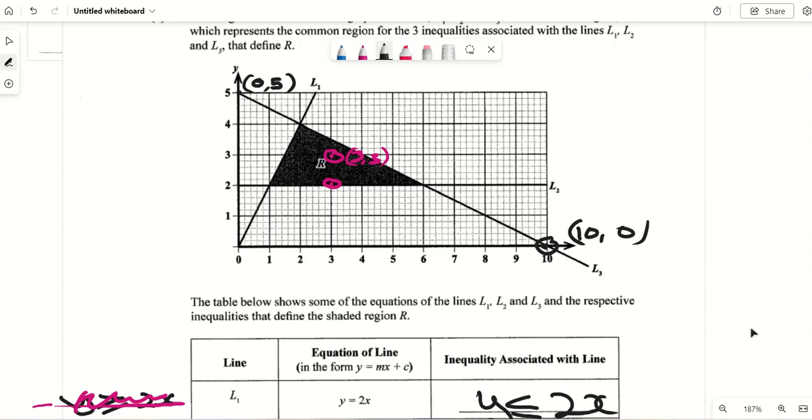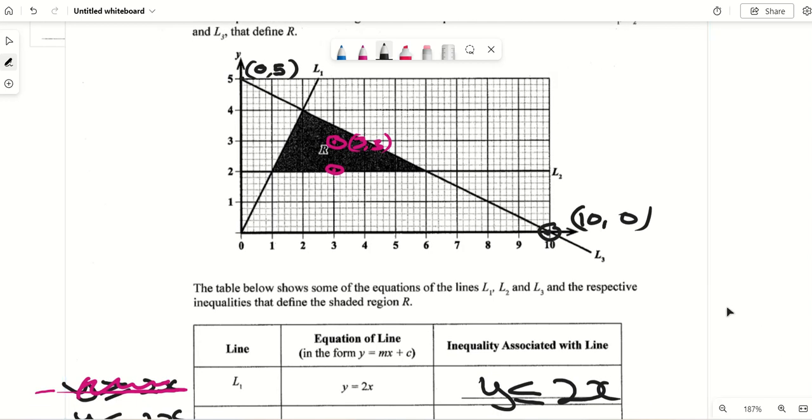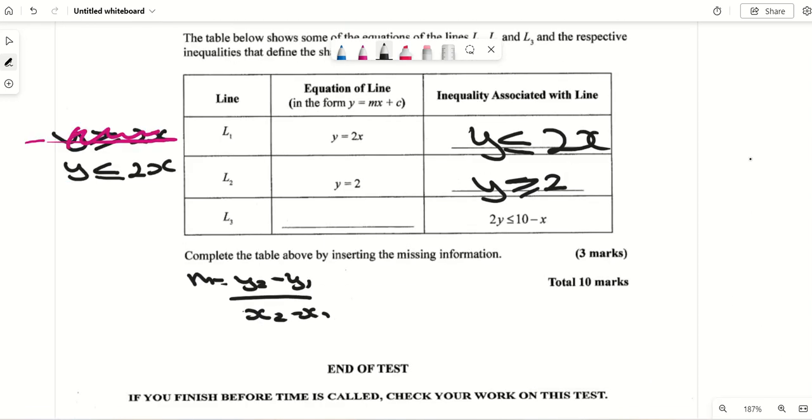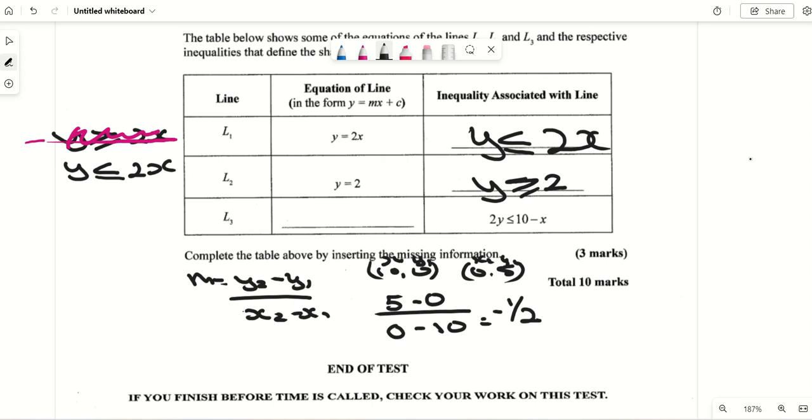So you're going to use these two coordinates to find your gradient. We'll call this one x1, y1, and this one x2, y2. So y2 is 5, so it's 5 minus 0 all over 0 minus 10, which is minus a half. So we know our gradient is minus a half, right?